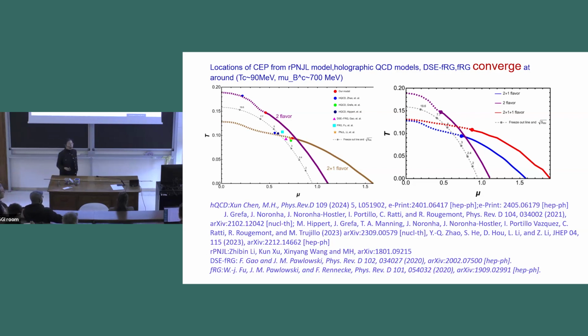Eventually I think they are equivalent. So it's surprising that all these locations are quite close to each other for the 2+1 flavor case. And of course, you can also predict for different flavor cases.